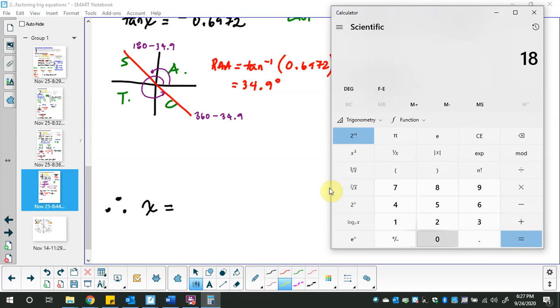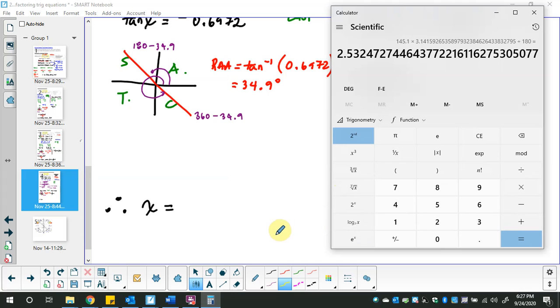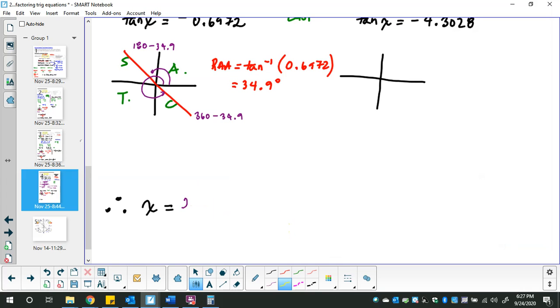So 180 minus 34.9 equals that many degrees. I don't want to write that down. That's not an answer. Times pi divided by 180, I can write that down. 2.53 radians.